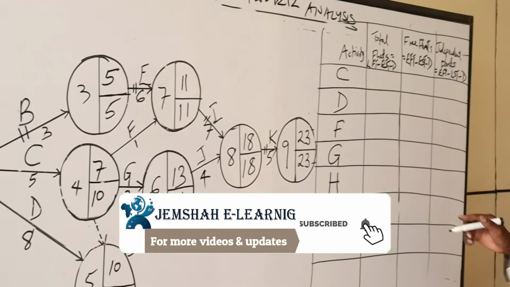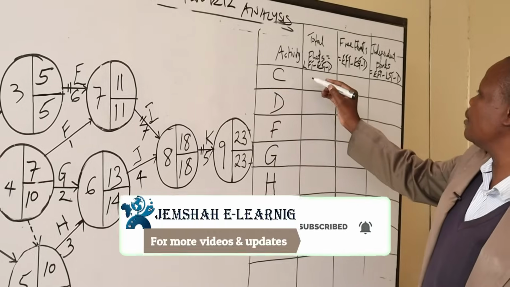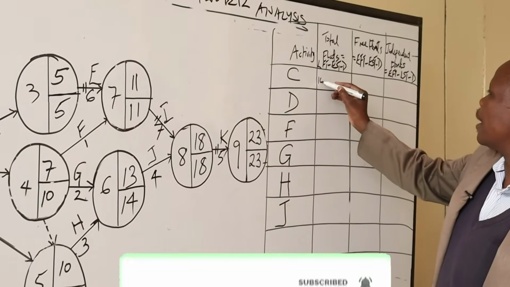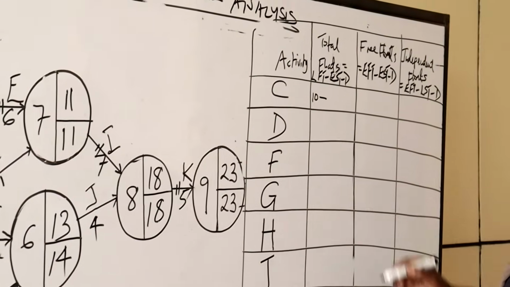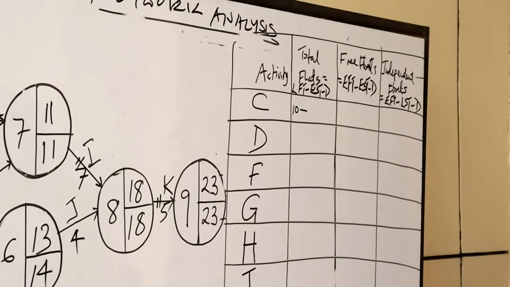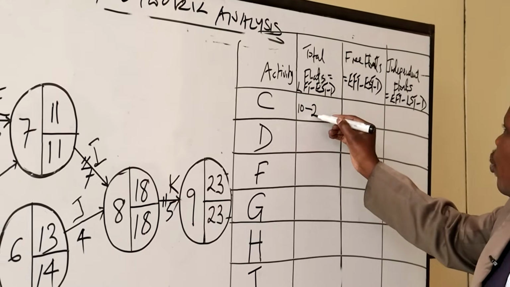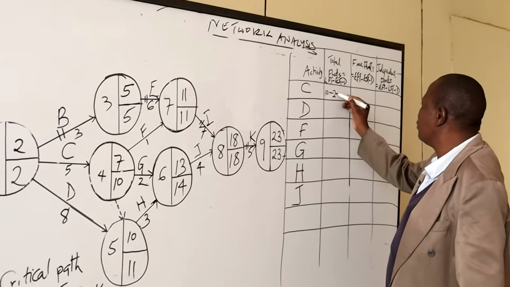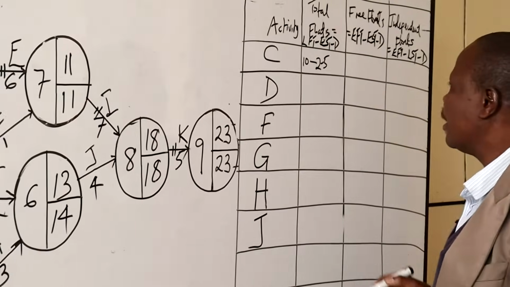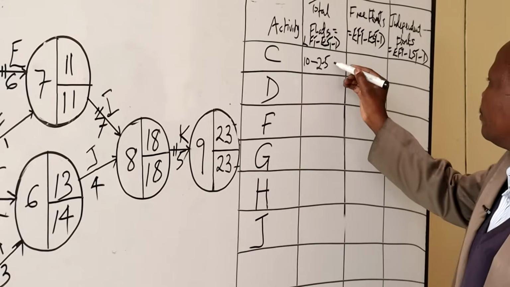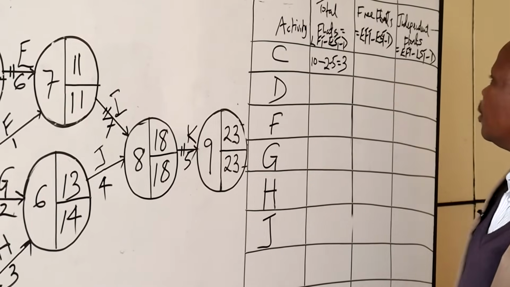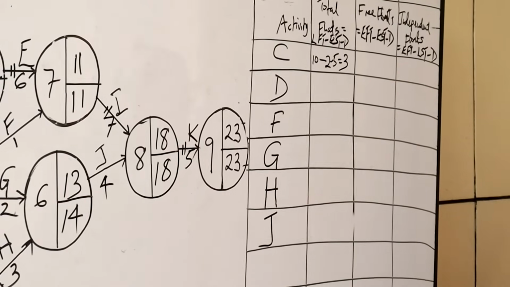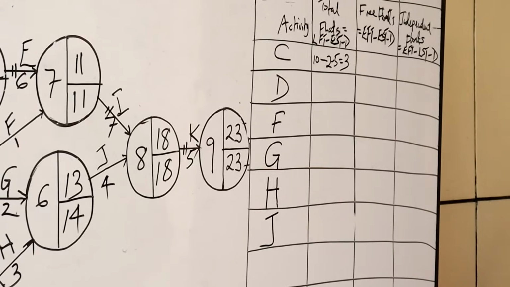So latest finishing time for activity C is 10 minus 2, which is the earliest starting time, minus its duration, which is 5. 10 minus 2 minus 5 gives 3 days.